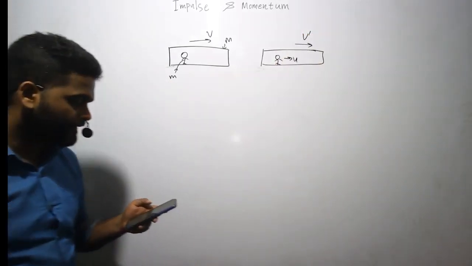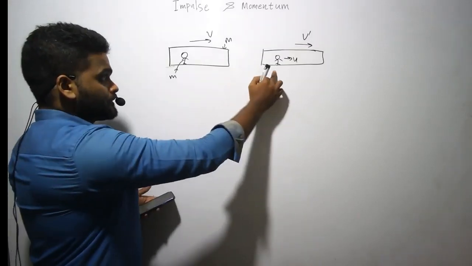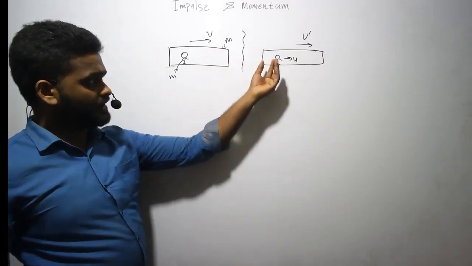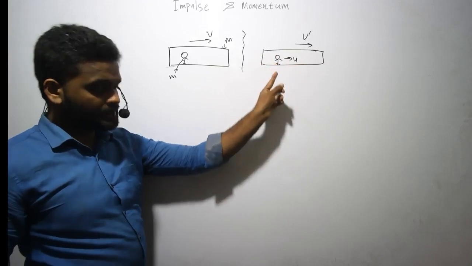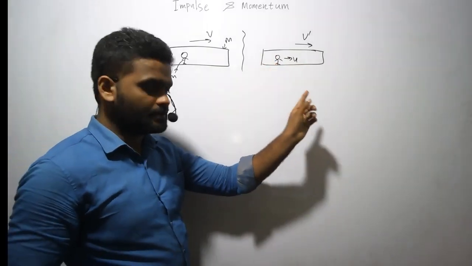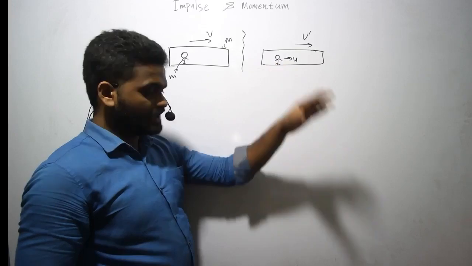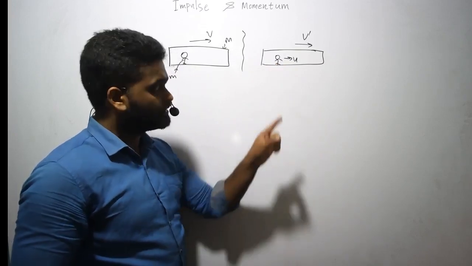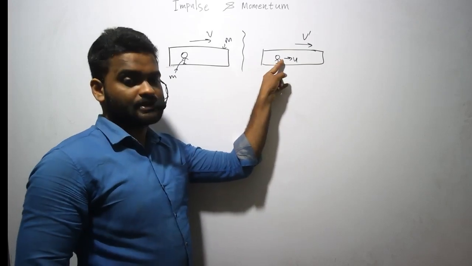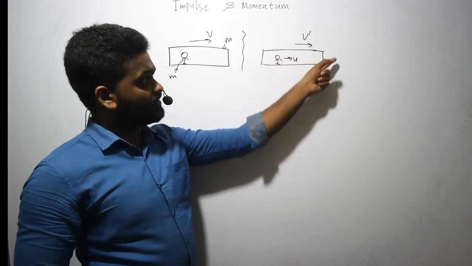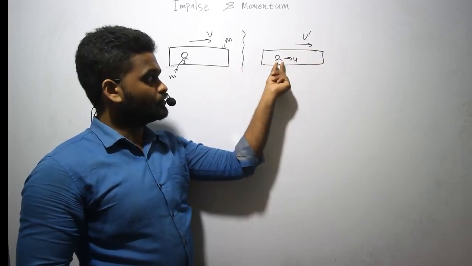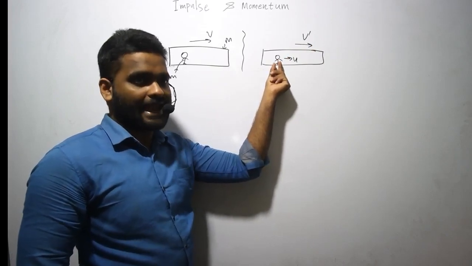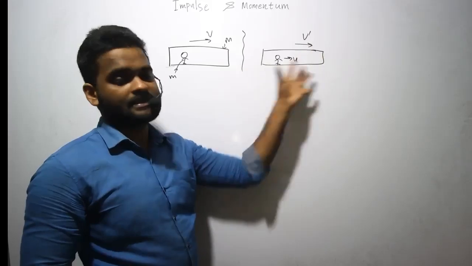As the man moves, he has to take steps, so he applies a force on the trolley, and the trolley also applies a force on the man. So if you take this as one system, those forces become internal forces. Those internal forces cannot change the momentum of the system.